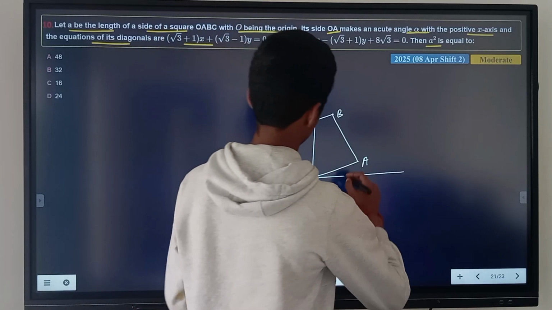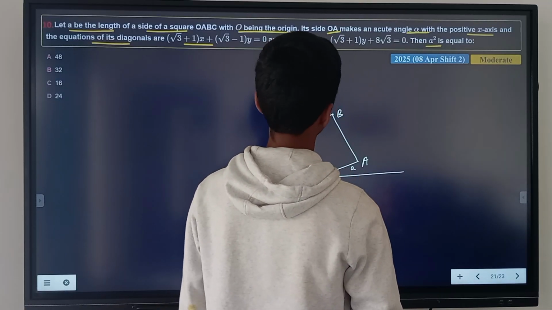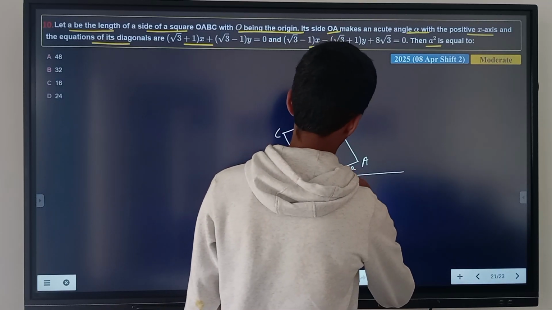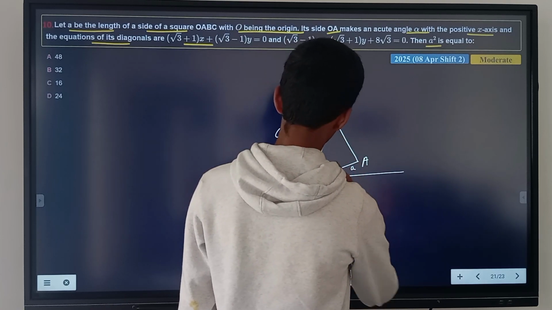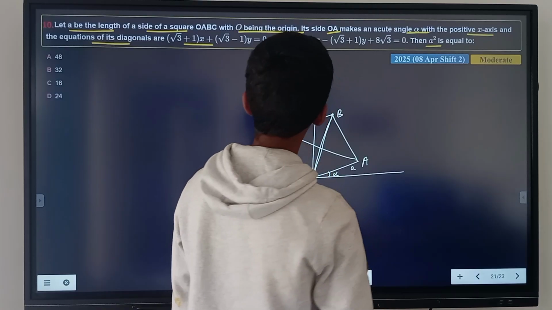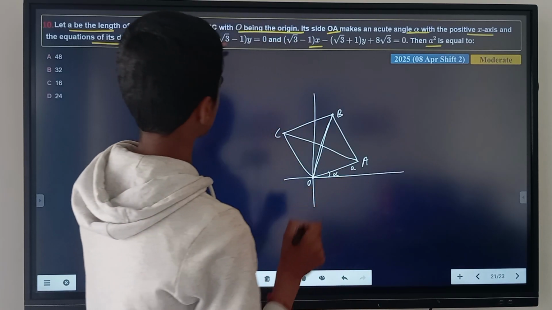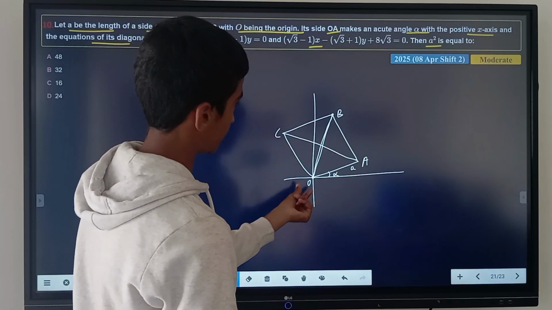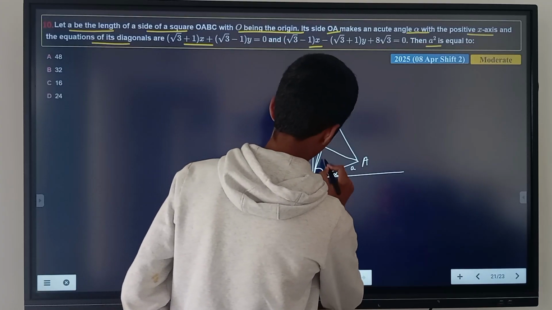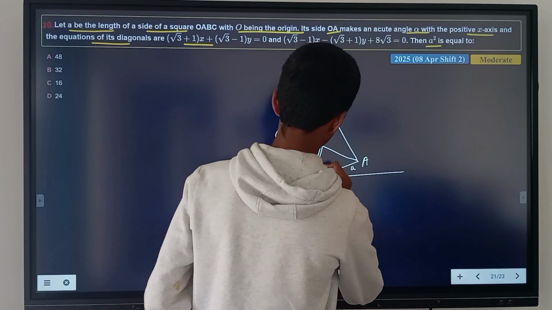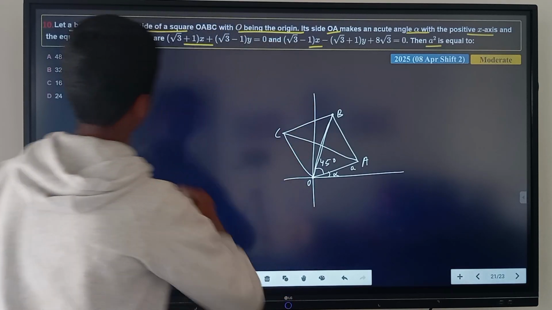Now this is a square, and let's say this length is a as given in the question, and this side OA makes angle alpha. Let's say this is a diagonal OB and this is our diagonal CA. Now the diagonal OB is this one because this passes through the origin. Because it's a square, this angle will be 45 degrees. Now first let's try to find the slope of OB.